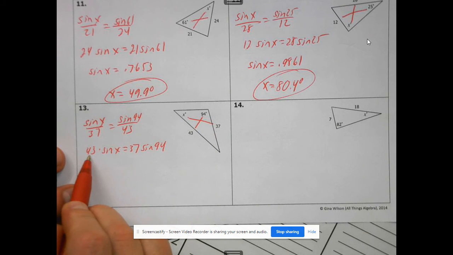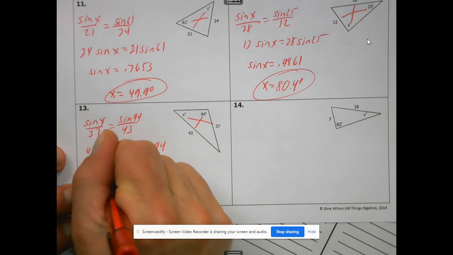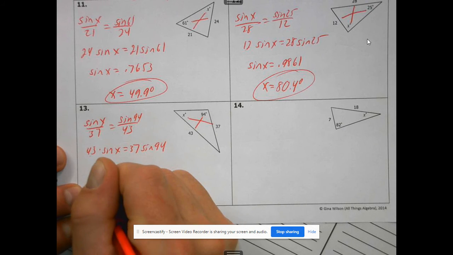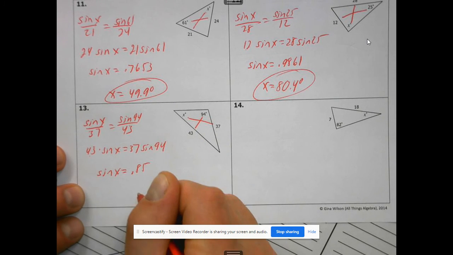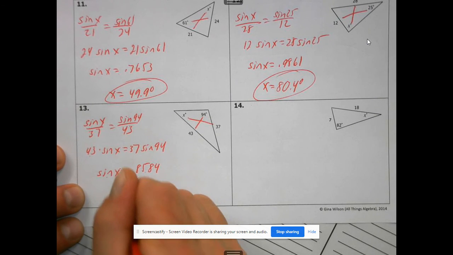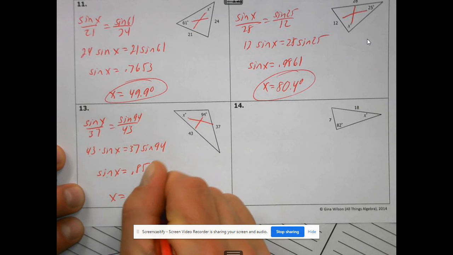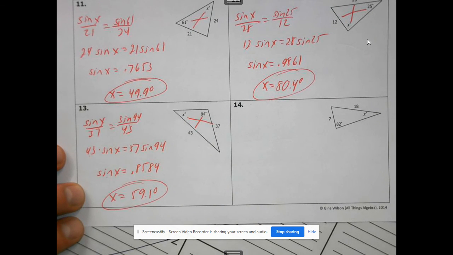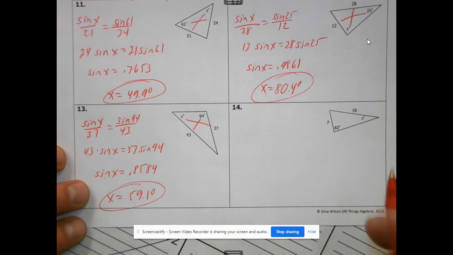Divide both sides by 43. Sine x comes out to be 0.8584. Inverse sine of both sides. Degree comes out to be 59.1 degrees.